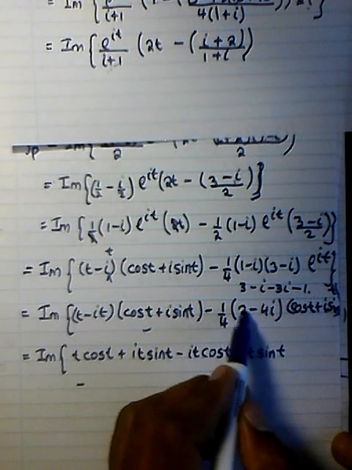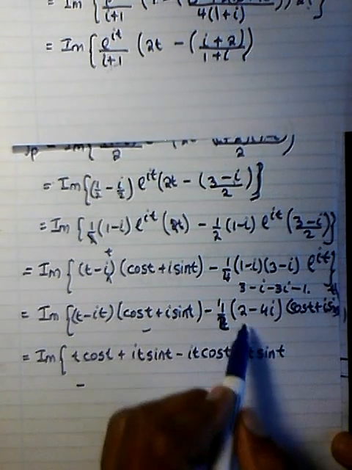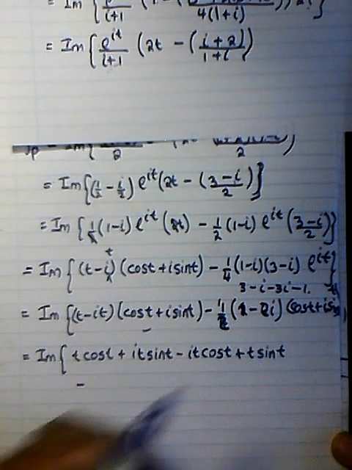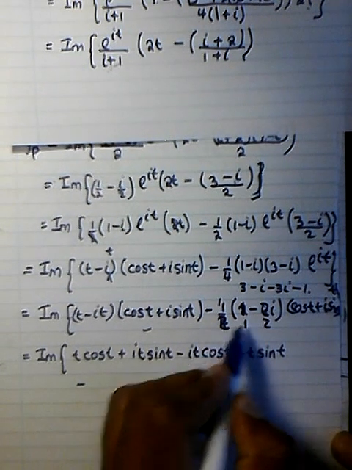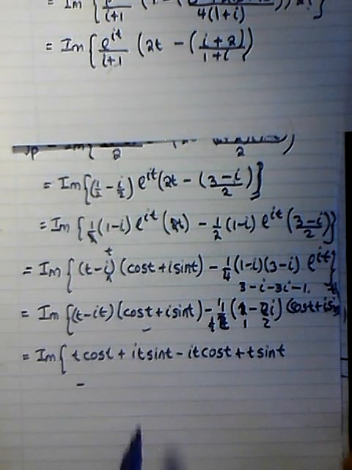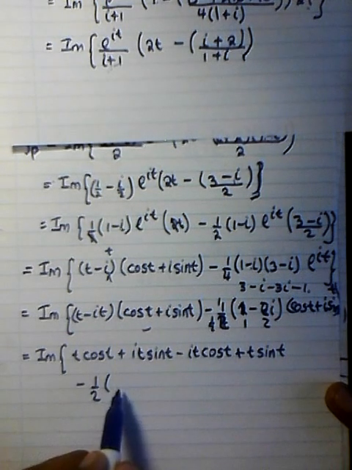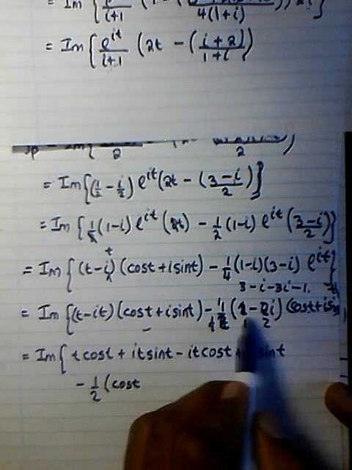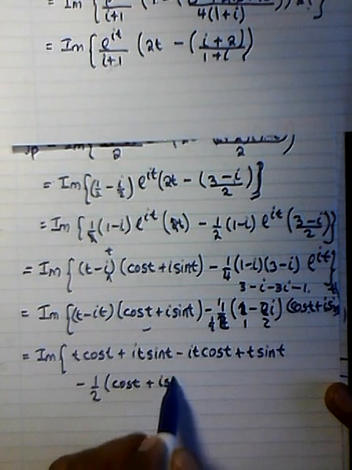Note that we can factor out 2 here. We can factor out 2 to have 1 over 2, and then in here we're going to have 1, and then 2. I hope you're aware of what I'm doing. This is 2 and this is 1 when we factor out 2, and this fraction is 1 over 2. So we're going to have 1 over 2, multiplied by cos of t. 1 multiplied by cos of t is cos of t. 1 multiplied by i sine of t, we're going to have plus i sine of t.